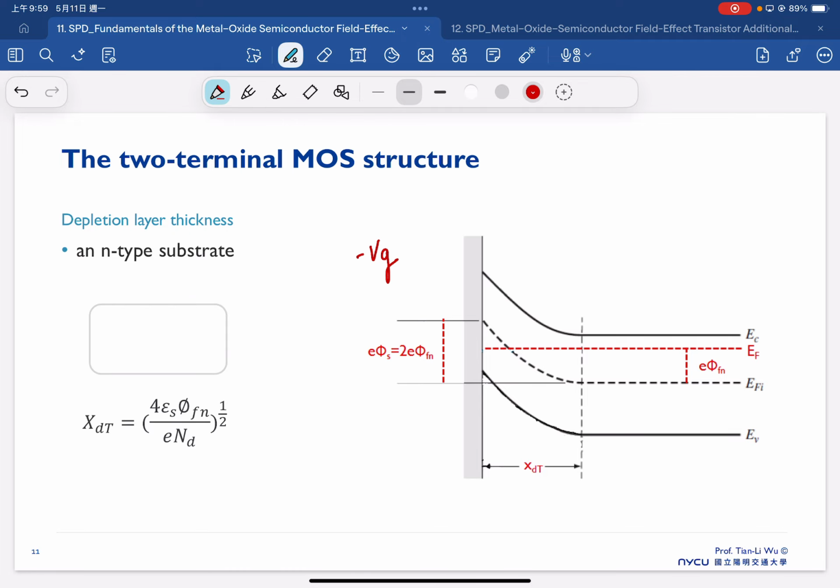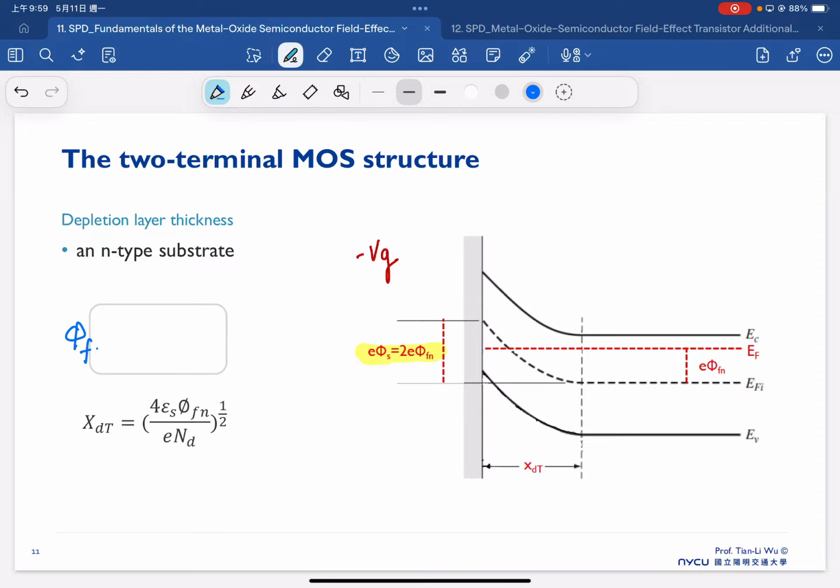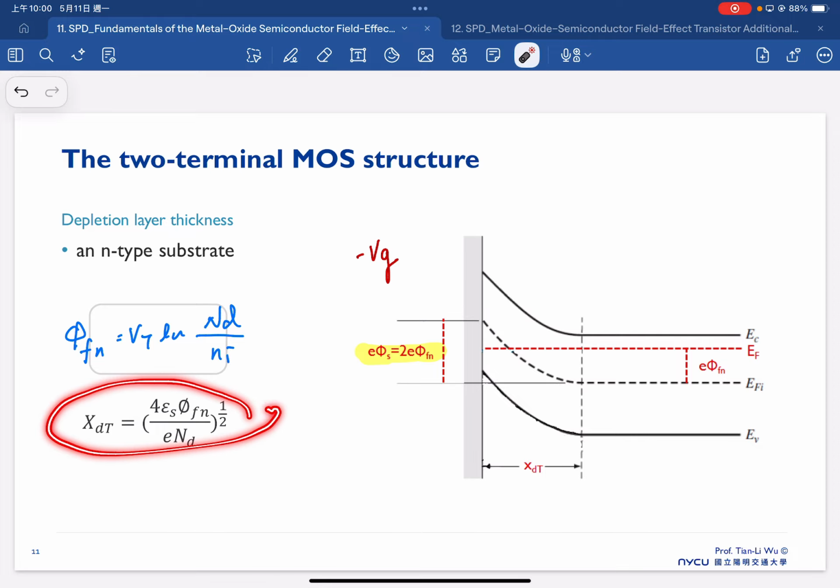Once the bias is negative enough to reach the condition of phi s equal to 2 phi fn, where we define phi fn as Vt natural log Nd over Ni, in the same way we can estimate the maximum space charge width.